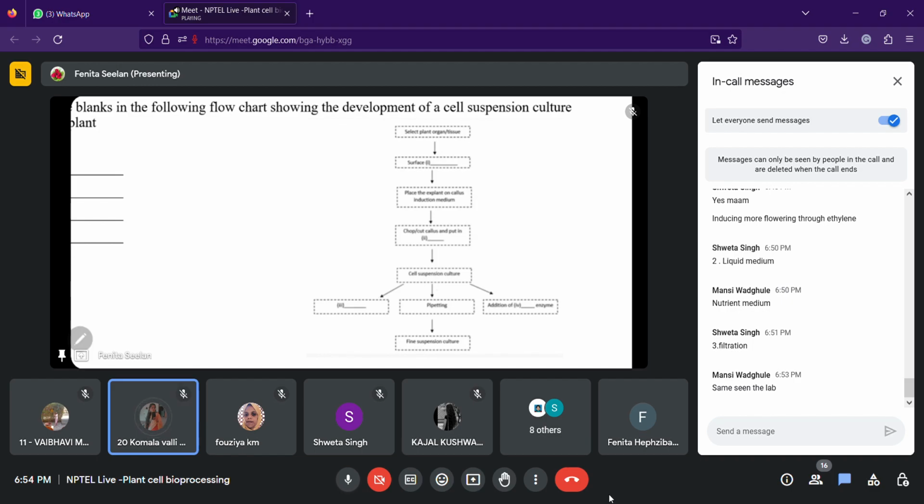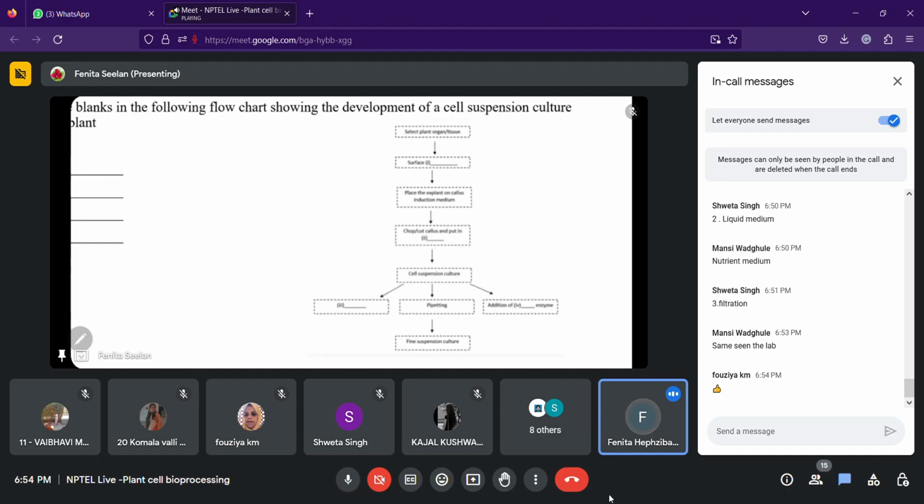So you know theoretically what is happening, but you are not aware of how exactly it's being done. I will suggest you see some YouTube videos. If possible, I will drop the link in the drive whenever it is shared with you, so that you can get a picture of what we are talking about when we talk about surface sterilization, filtration, and all.